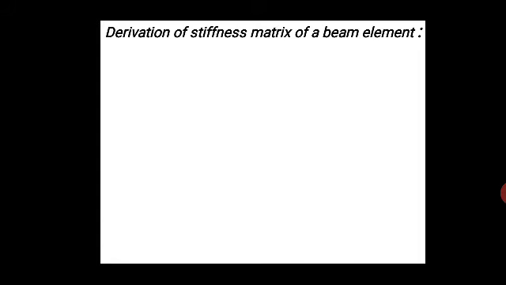Next, we will go for derivation of the stiffness matrix of a beam element. See how we have derived the stiffness matrix for bars and truss problems. In a similar manner, we will derive the stiffness matrix for the beam element.